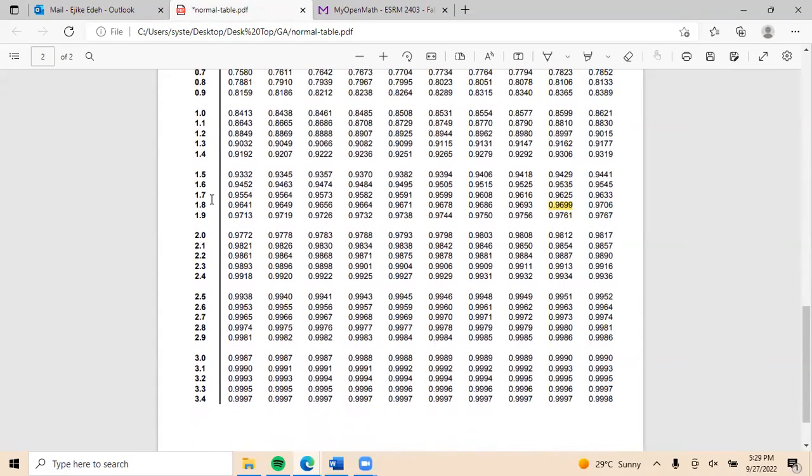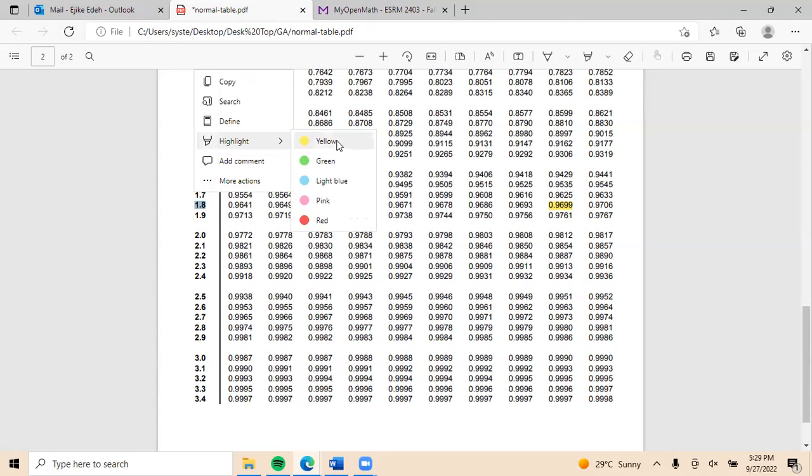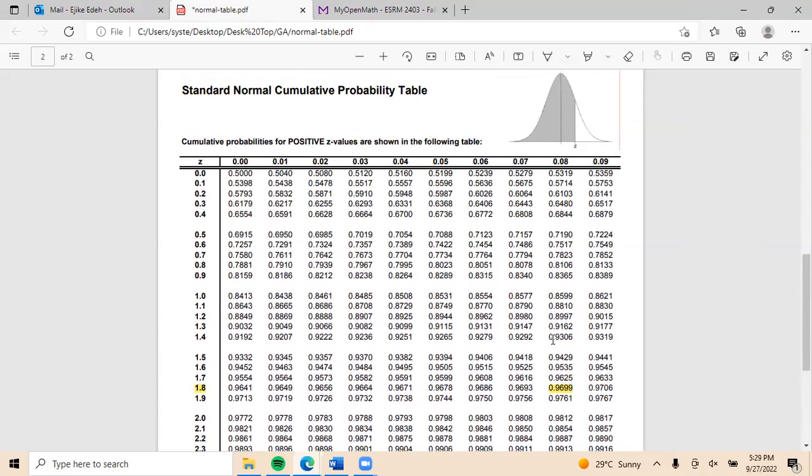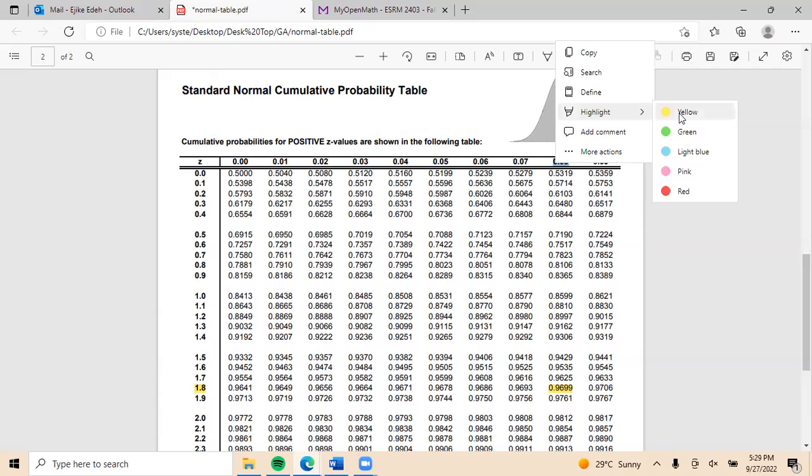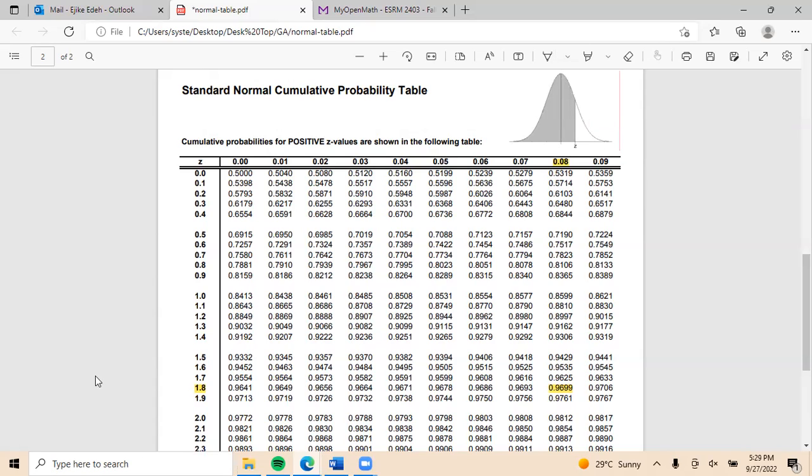If you trace that, it gives you the Z-score of 1.8, and if you go up, it's also in the column of 0.08. Something is popping up here, blocking my view. So that means the z-score for this question would be 1.88. Let's go back to our question and complete the work.